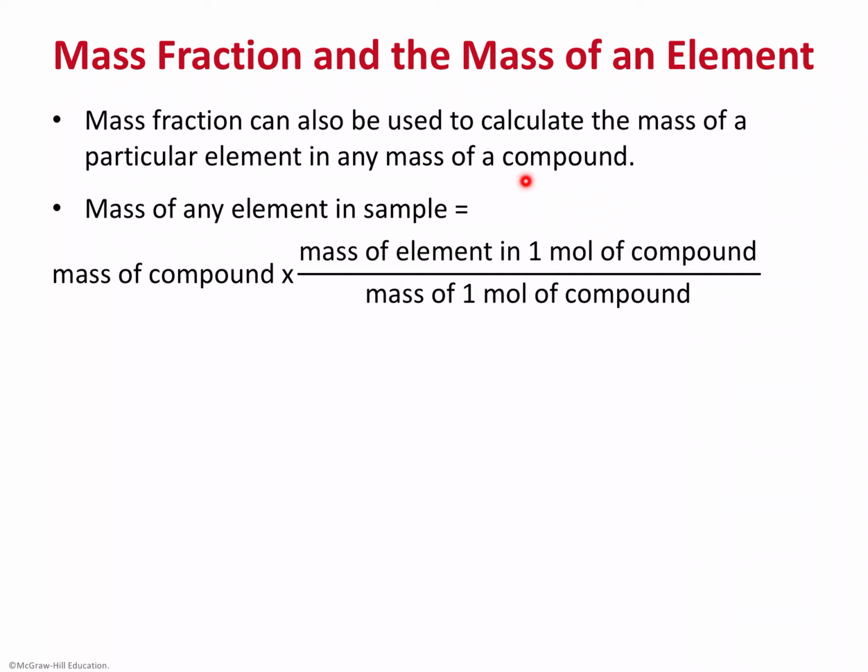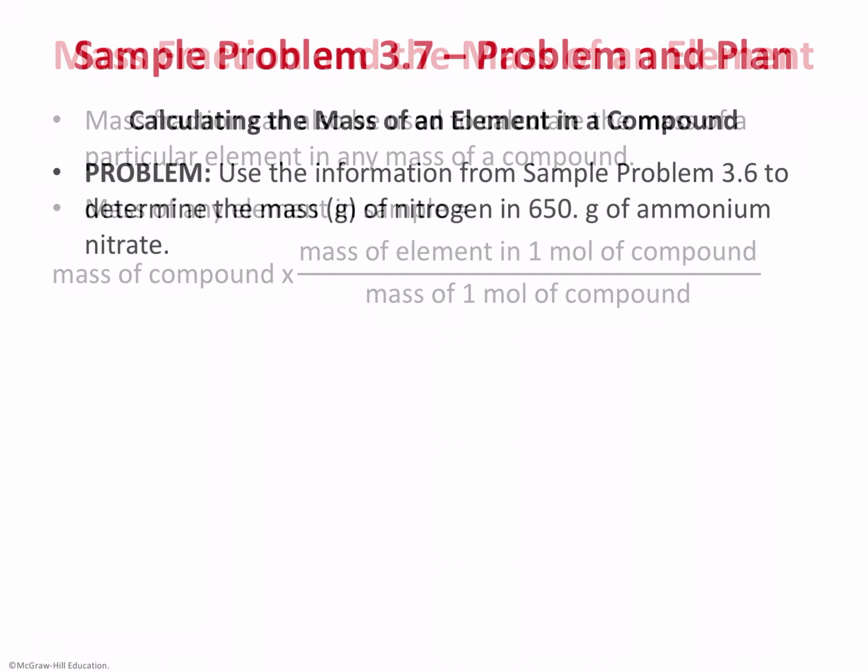Let's say you are given a certain mass of a compound and you want to find the mass of an element in the sample. Simply take the mass of the compound that is given and use the same ratio like we did before: the mass of 1 mole of compound would be your denominator, and the mass of the element in 1 mole of compound would be your numerator. Let's look at some examples so you'll understand this.